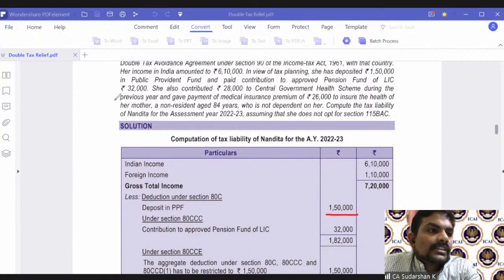There's an approved pension fund of LIC under 80CCC. She gets 32,000. So she gets Chapter 6A deductions. Now she has an Indian income of 6,10,000. We saw that. She has a foreign income of 1,10,000. So the gross total income works out to 7.2 lakhs.